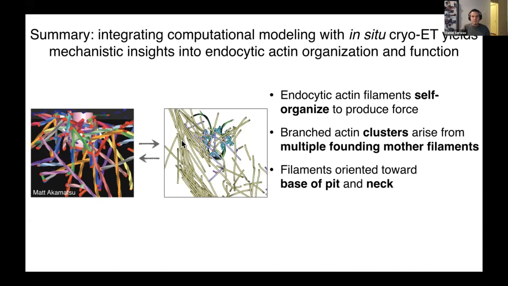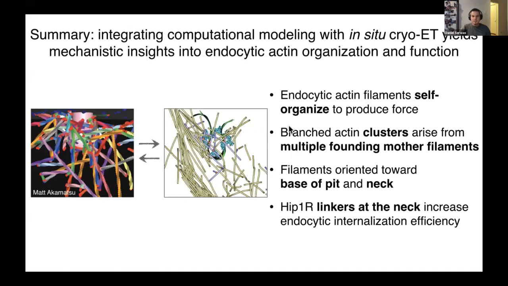And we found that these branched actin filaments are oriented towards the base of the pit, these endocytic sites, but also towards the neck of these endocytic sites. And we further found that the position of the HIP1R linker at the neck increases endocytic internalization efficiency.